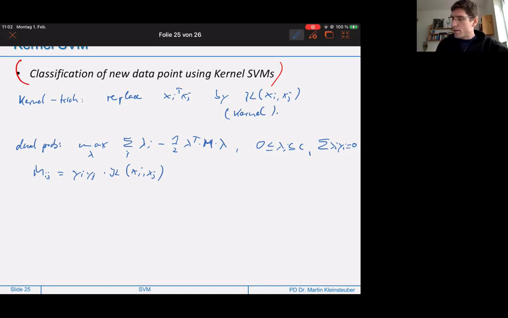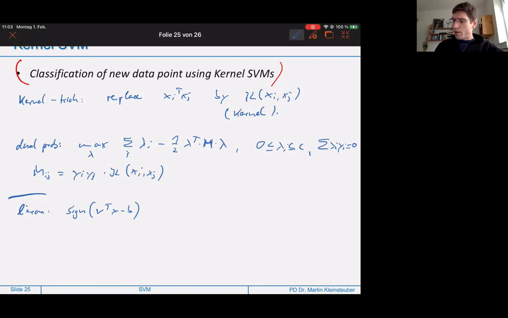And this is the classification of a new data point if we use the kernel support vector machines. Usually, in the linear case, you have the sign of W transpose times x minus b that assigns a new data point to your class.